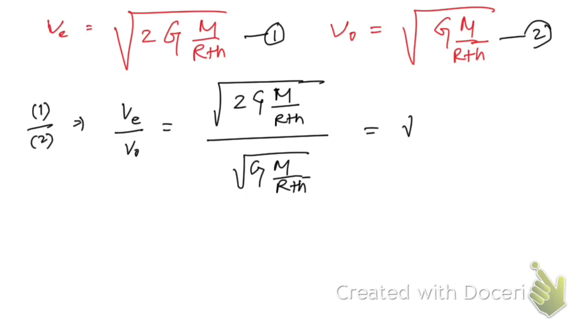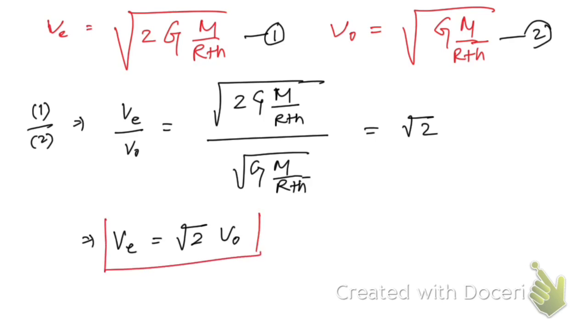So V_E is equal to root 2 V_O. So this is the required relation.